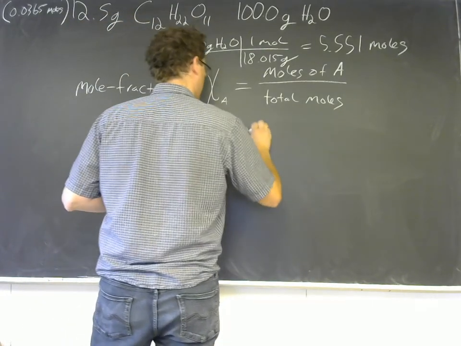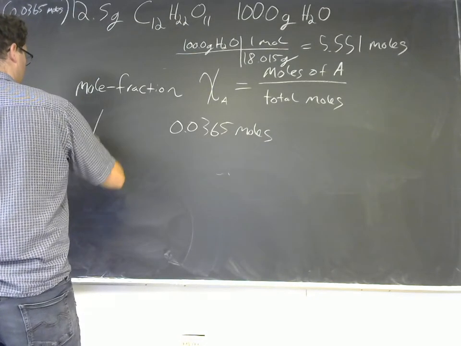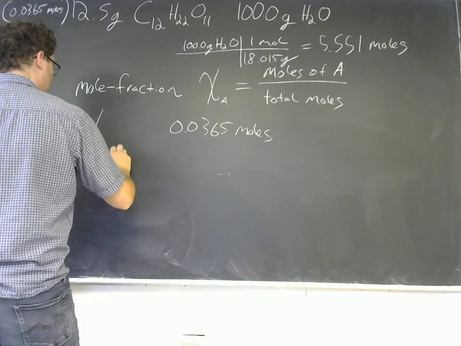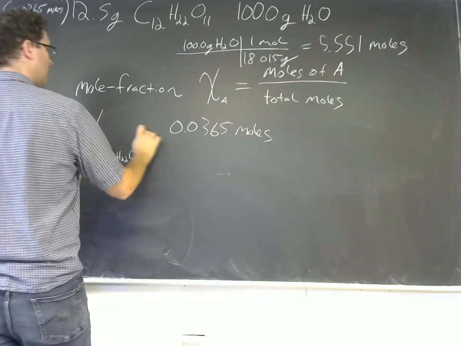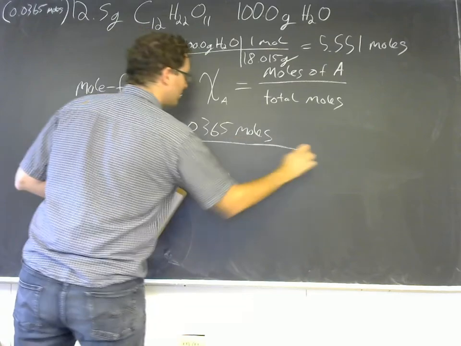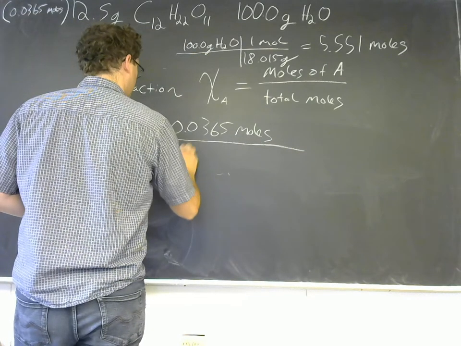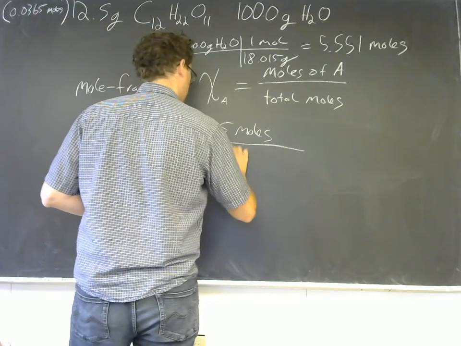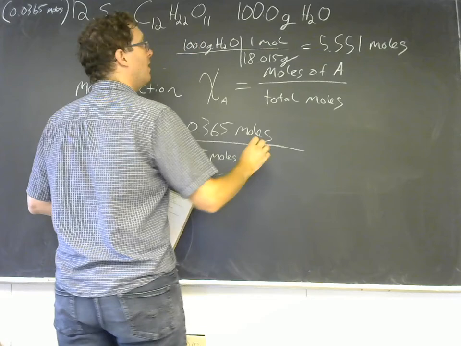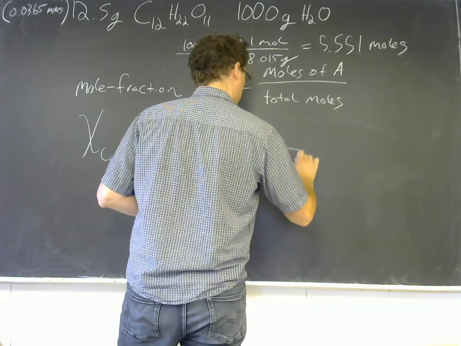Okay, and then our mole fraction is going to be 0.0365 moles. And let me make this very clear. This is the mole fraction of C12H22O11. It's going to be the moles of sugar divided by the total moles, 0.0365 moles plus 5.551 moles.